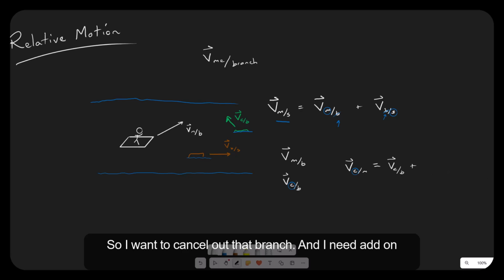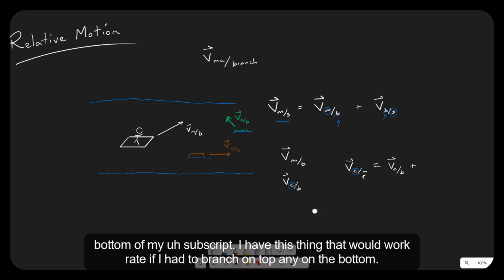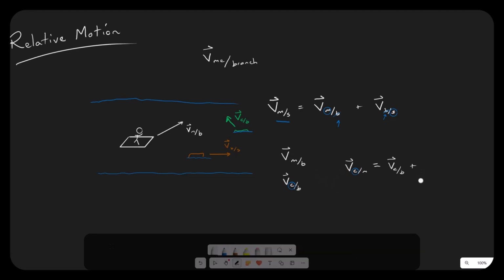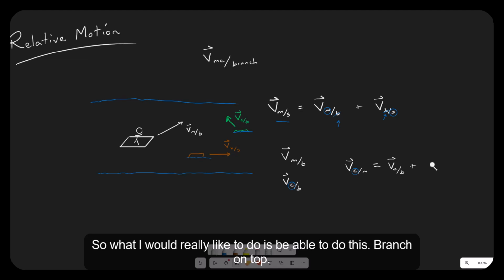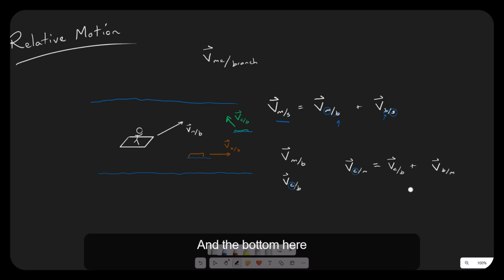So I want to cancel out that branch, and I need an m on the bottom of my subscript. I have this thing that would work great if I had the branch on top and me on the bottom. So what I would really like to do is be able to do this. Branch on top, me on the bottom.